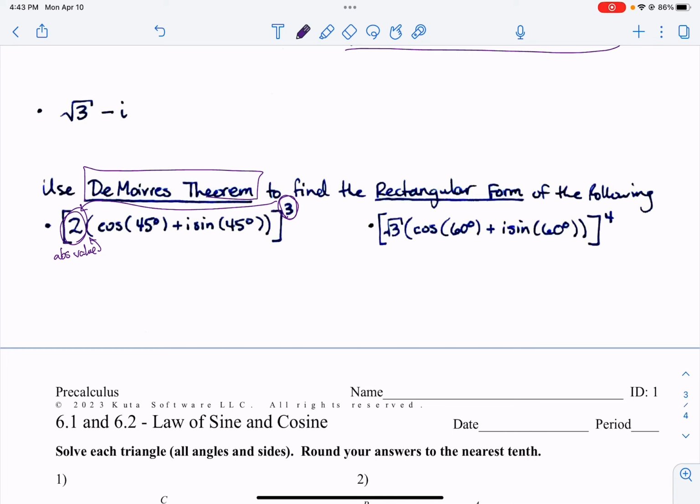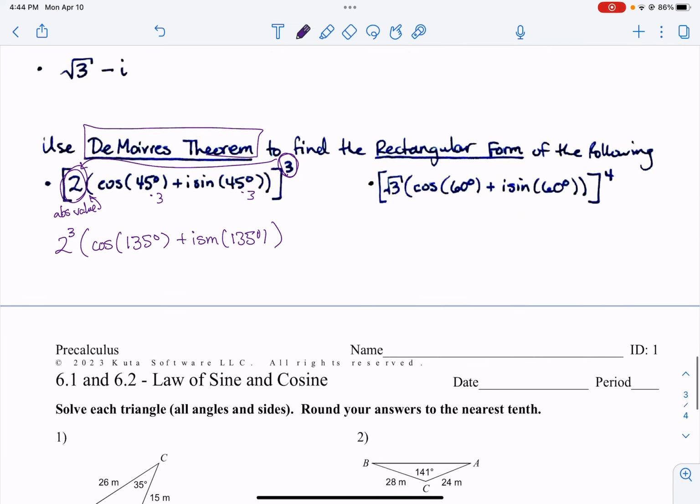You raise that number to the power 3, and then you multiply these angles by that number 3. So we end up with 2 to the power 3 times cosine of 135 degrees plus i sine of 135 degrees. And I don't want you to leave it like this, right? Make sure you actually calculate 2 to the power 3, which is 8.